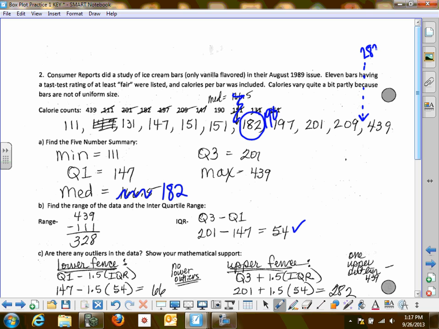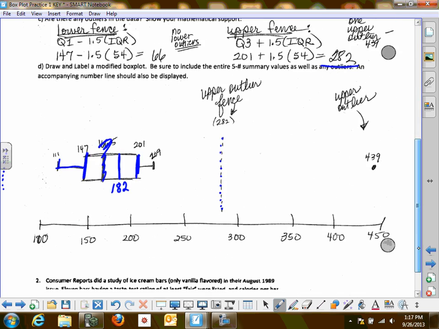So that's the upper fence. So I know that this value 439 is then what? It's not within a whisker range. It's an outlier. So since it is an outlier, I put it way out here and I labeled it 439. So here's kind of where that 282 is.